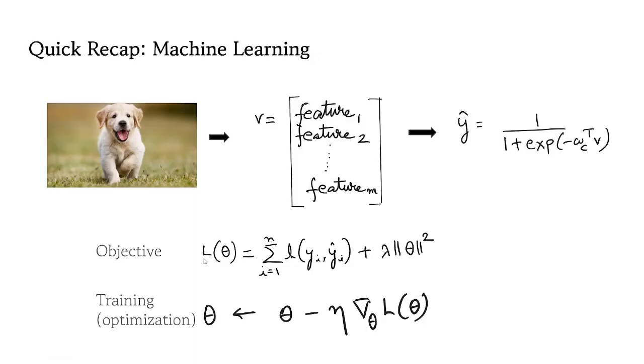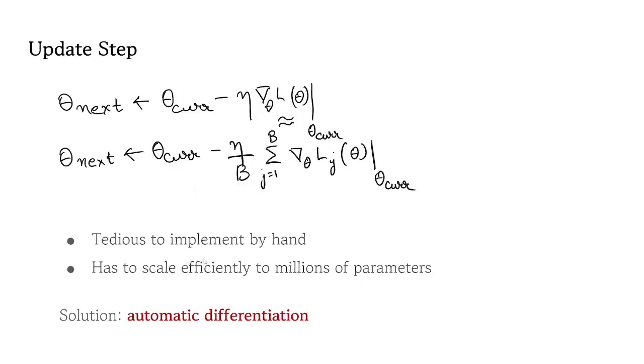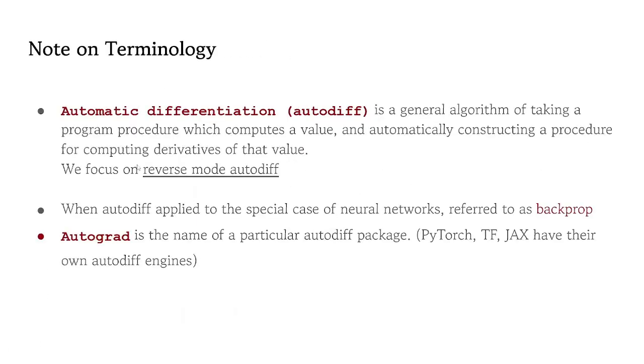So in the special case when the output of the function is a scalar, which occurs in machine learning, when we apply the reverse mode AD, it is what's called the backpropagation algorithm. AutoGrad is the name of a particular automatic differentiation package, but modern ML frameworks like PyTorch and TensorFlow have their own Autodiff engines built within them.